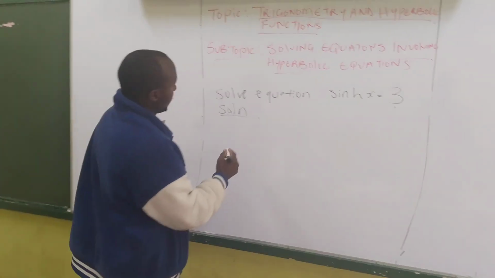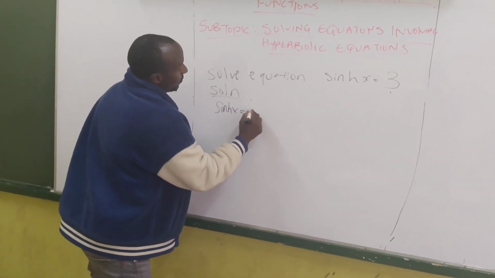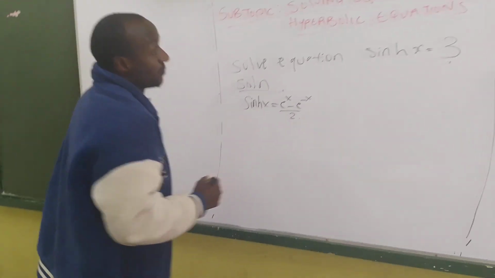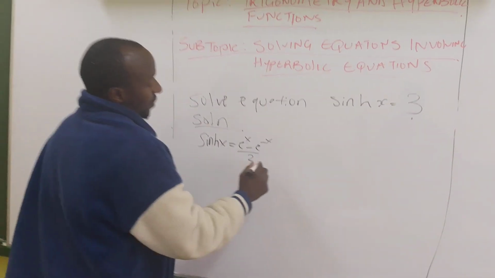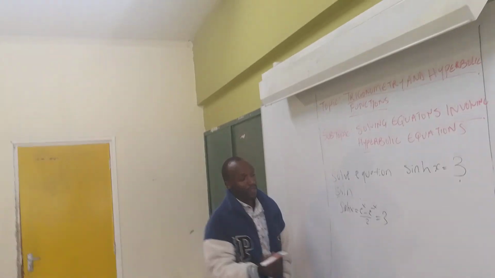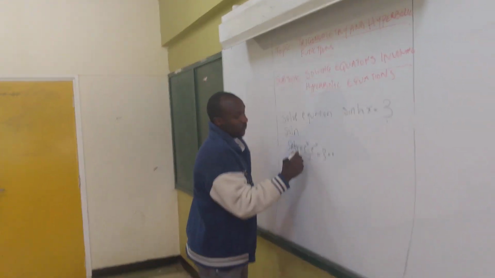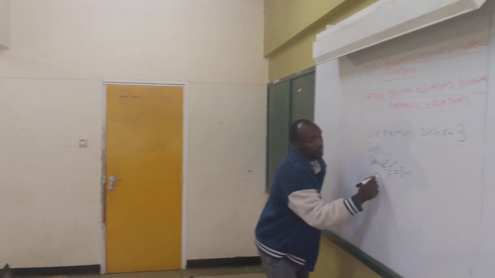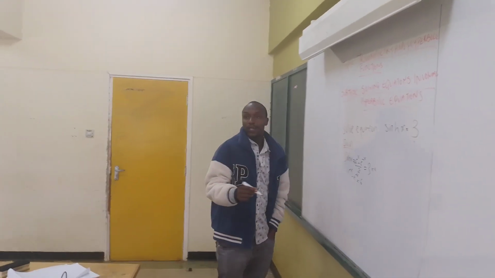So if sinh of x is equal to e raised to x minus e raised to negative x over 2, which is equivalent to 3, we multiply both sides by 2. So here we cancel, and we have e raised to x minus e raised to negative x is equal to 6. That is correct.